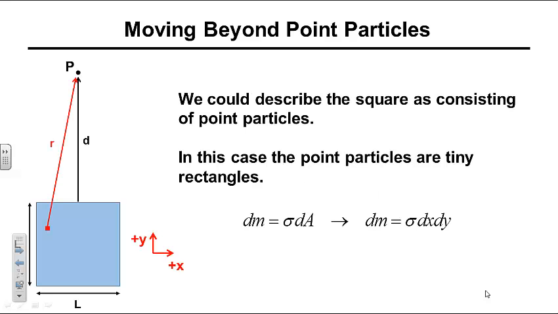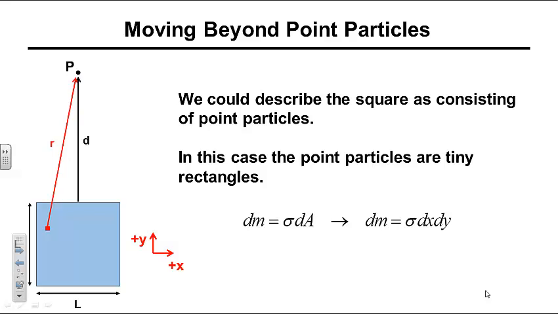Since we are now dealing with a two-dimensional object, rather than a one-dimensional rigid rod, each point particle would be a rectangle with an infinitesimal area equal to the product of the lengths of the sides of the rectangle. In this case, this infinitesimal bit of area would be the product of dx and dy.